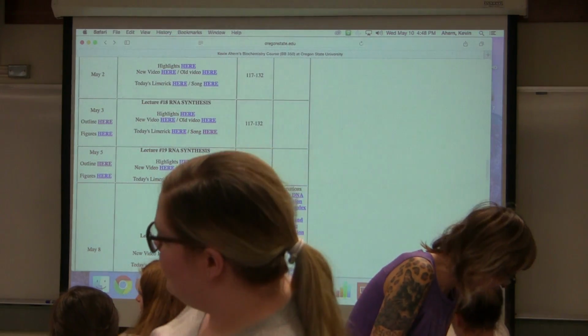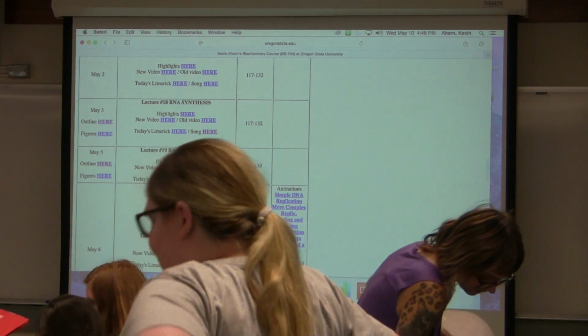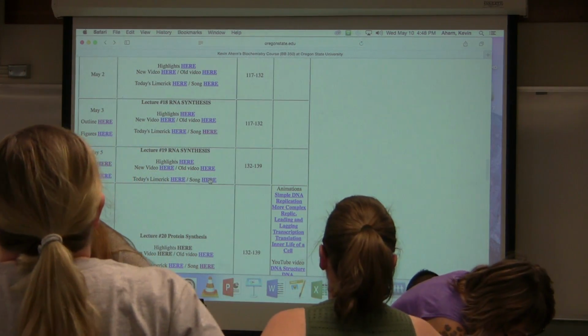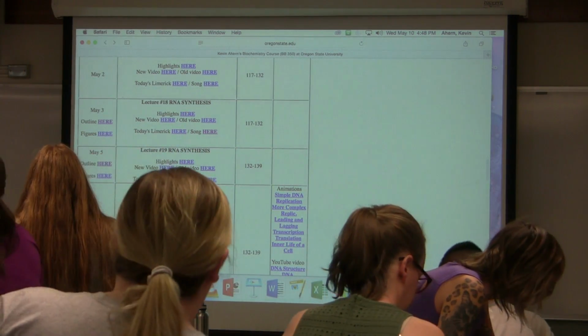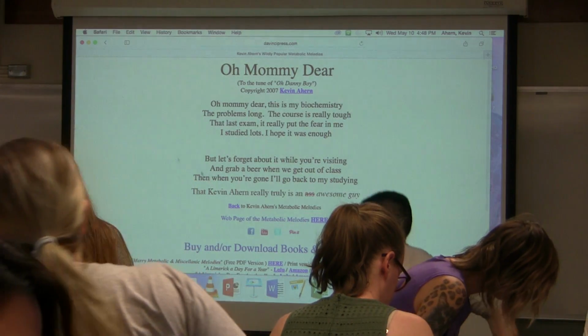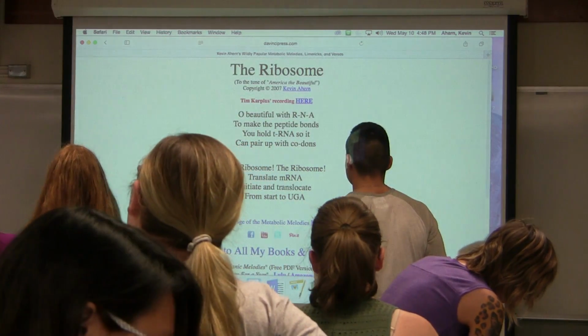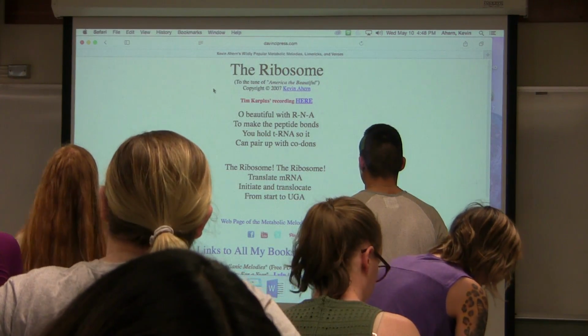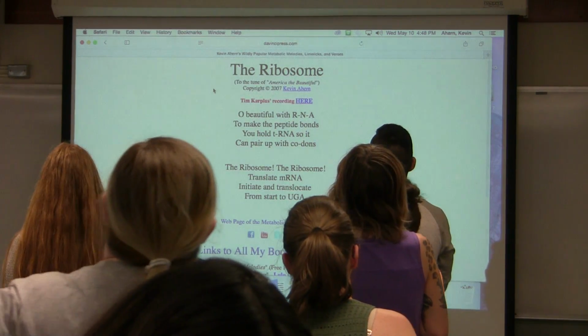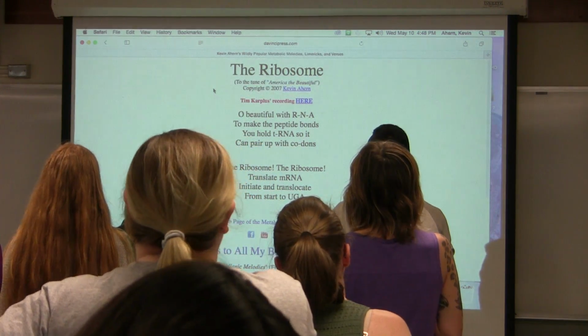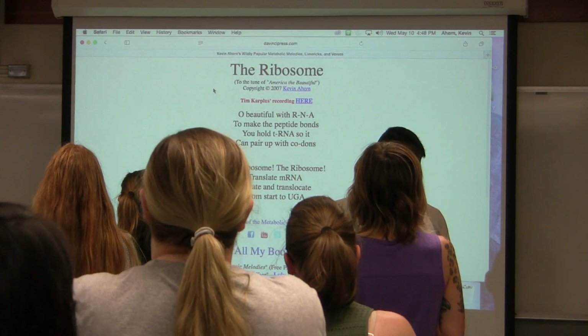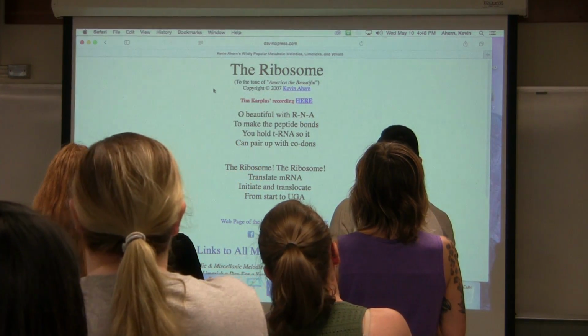You stand, you put your hand on your heart, and we're going to sing this loudly. It's very easy, and the reason it's the national anthem is it's sung to the tune of America the Beautiful. Oh, beautiful with RNA to make the peptide bonds.